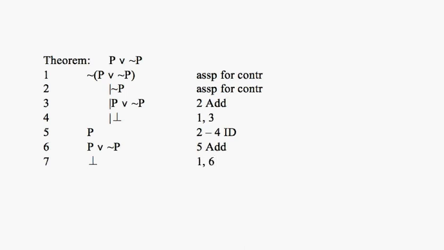And that means that we've gotten the contradiction that we were originally looking for. So we'll put in our scope line here. And that means that on line 8 we can conclude P or not P, assuming its denial led to a contradiction. So 1 through 7, indirect derivation gives us P or not P.